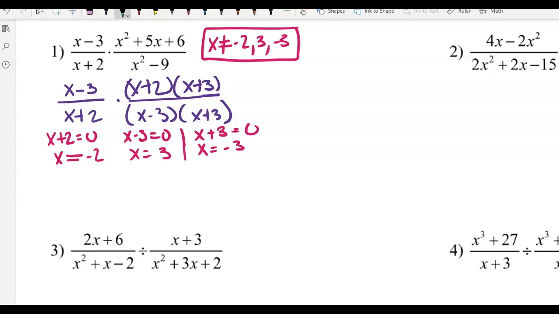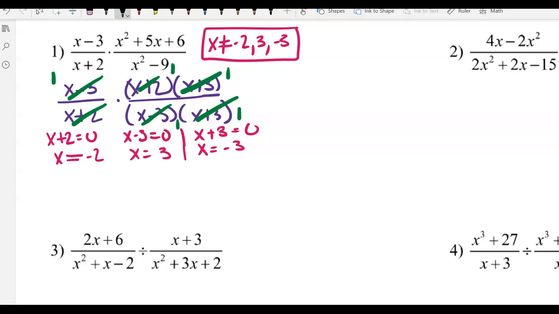We reduce, okay? So can we reduce the x plus 3 and x plus 3? Yeah, binomial with binomial. What else can we reduce? X plus 2 and x plus 2. What else can we reduce? Each time we reduce, it's like dividing, right guys?